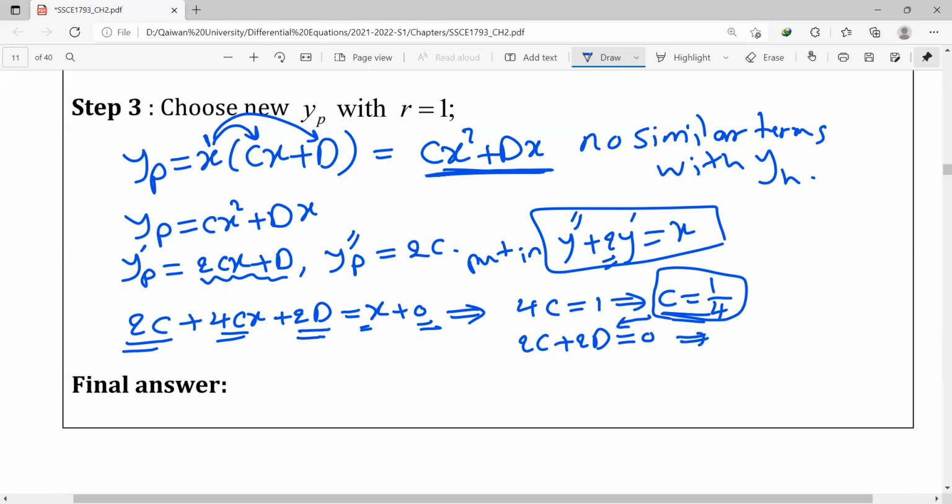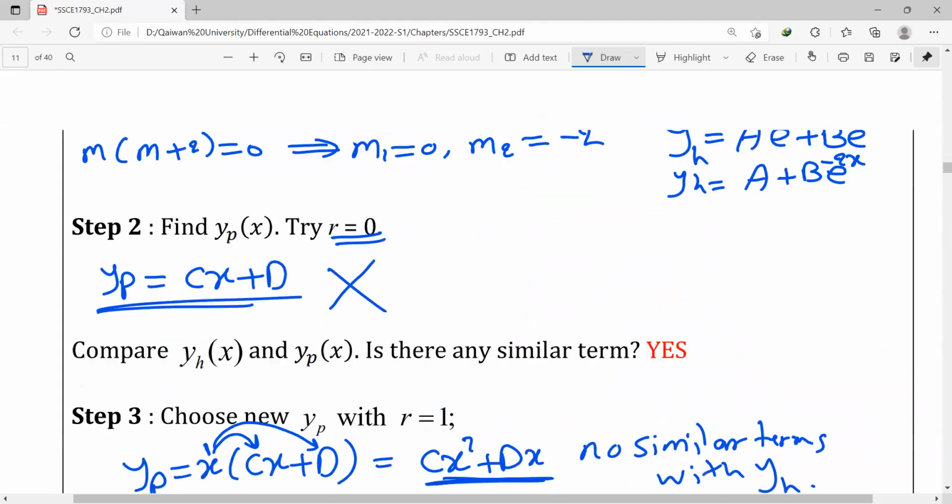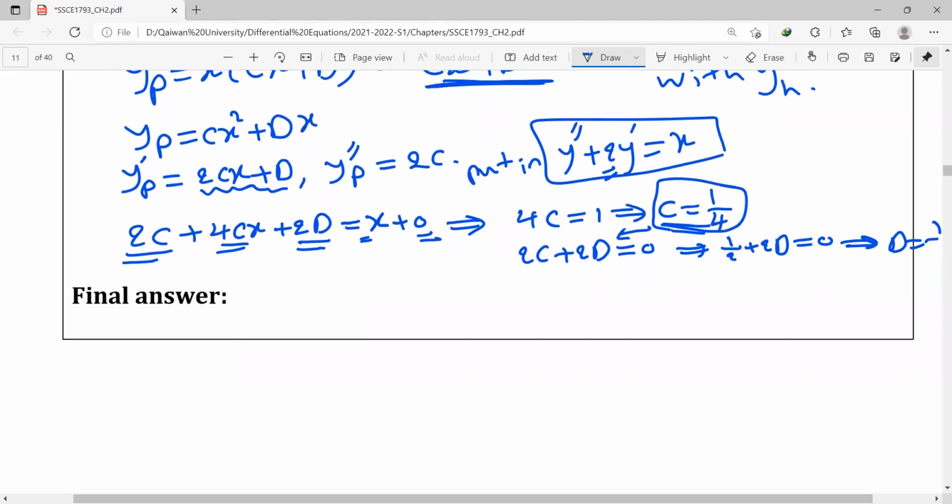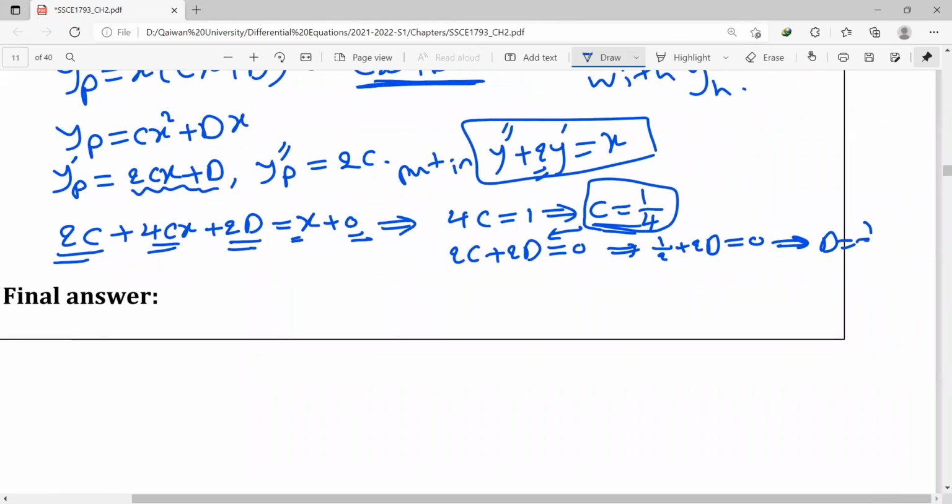We get 1/2 plus 2d equals 0. And from this, d is minus 1/4. This is d. So you found c and d.